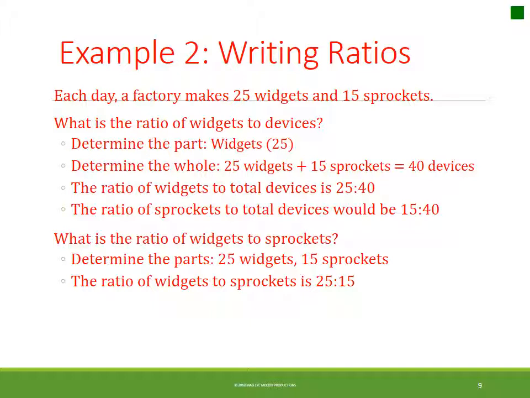So the ratio of widgets to sprockets is 25 to 15. And conversely, if I wanted to know sprockets to widgets, that would be 15 to 25. Because again, in ratios, order matters. The first quantity in the setup of the quantities is the first quantity in the ratio itself.